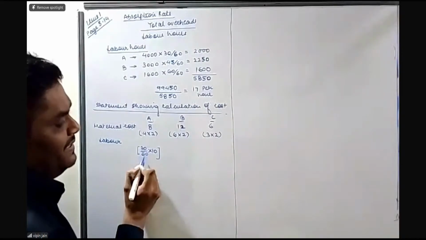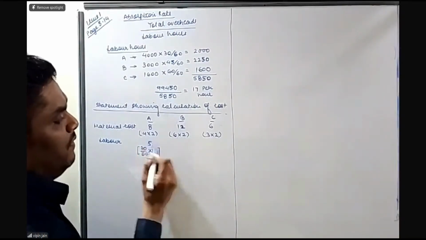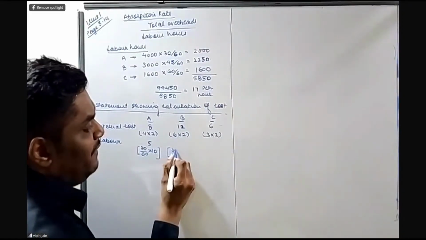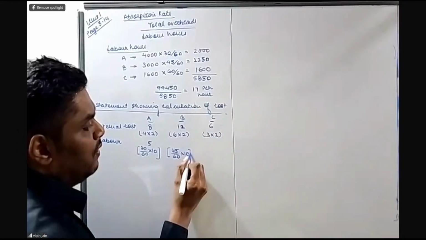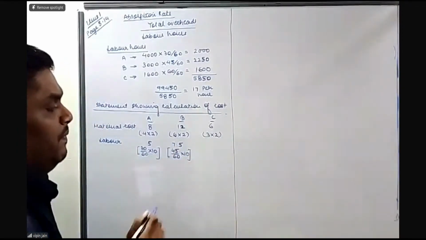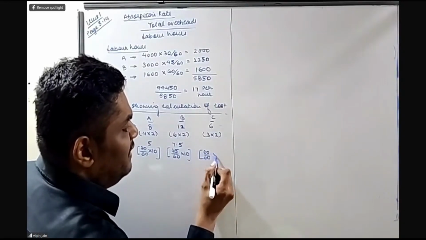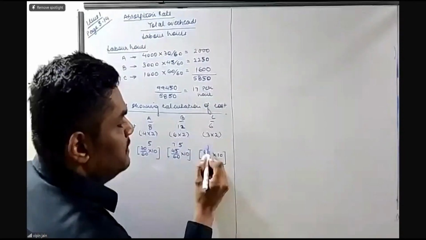We are dividing it by 60 because the rate is given per hour. So this will be 5. This is 45 minutes. So 45 divided by 60 into 10. So this will be 7.5. And this 60 minutes. So 60 divided by 60 into 10. So this will be 10.